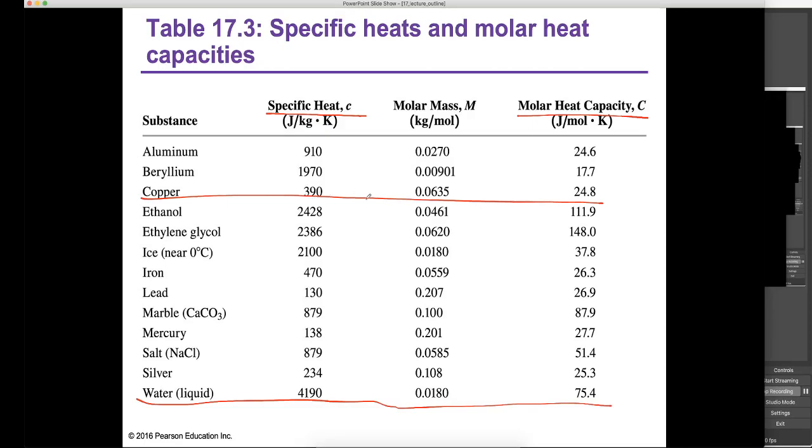That means if you want to heat 1 kilogram of copper by 1 degree, it needs much less heat than heating up 1 kilogram of water by 1 degree. So water is difficult to heat.